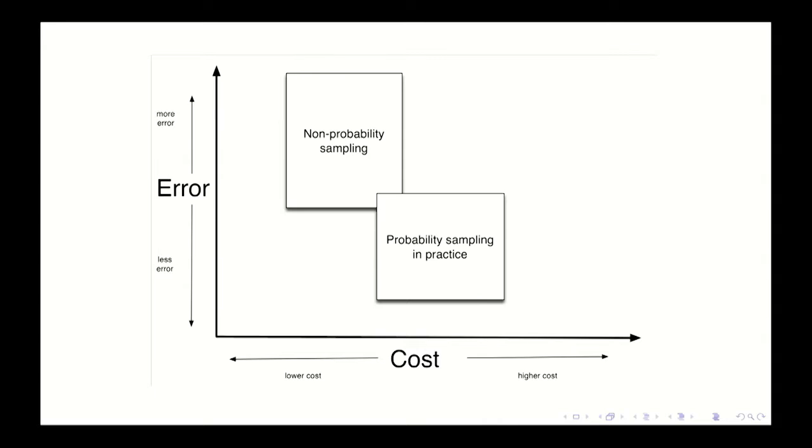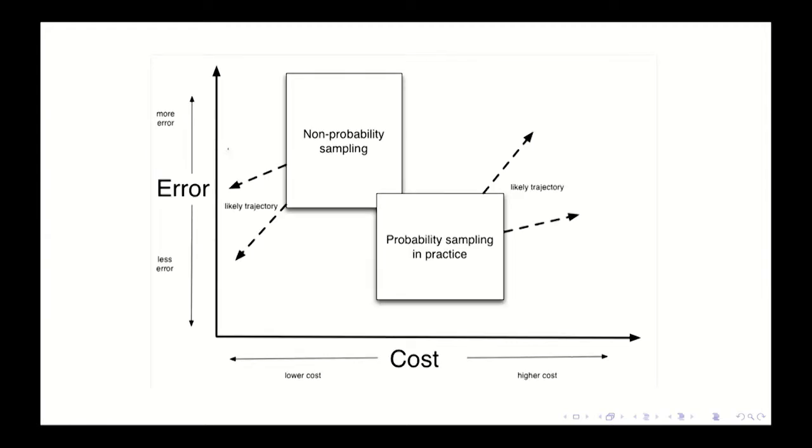I also think there are some non-probability sampling methods that have lower error. A good non-probability sampling technique right now will probably have better error than a bad probability sampling technique. So basically this is some way of saying it's impossible to give a clear answer, but the second thing is, what do you think is going to happen in the future, right? Not just what is happening right now.